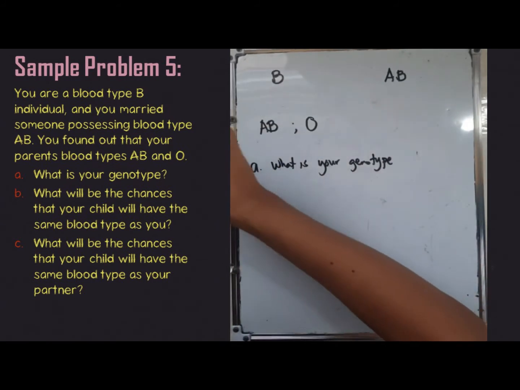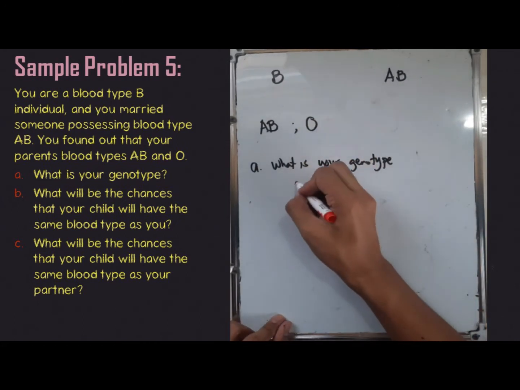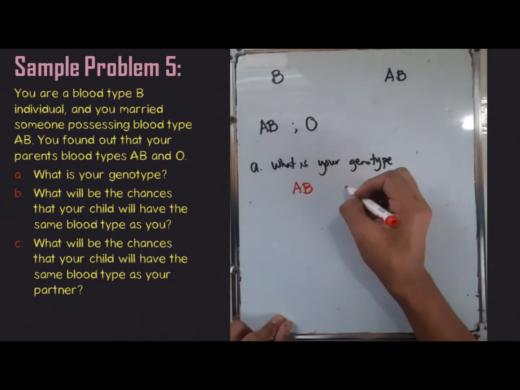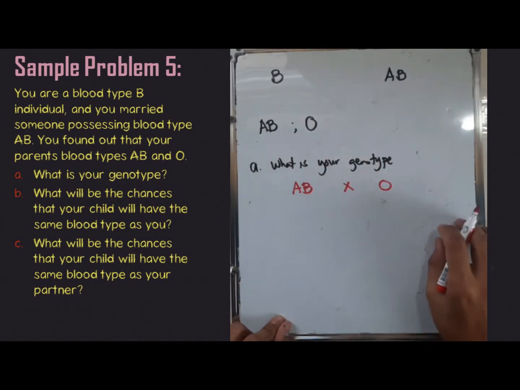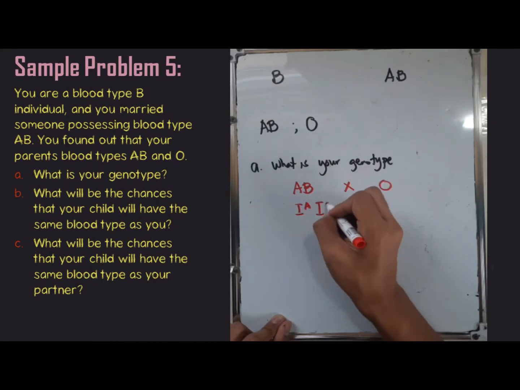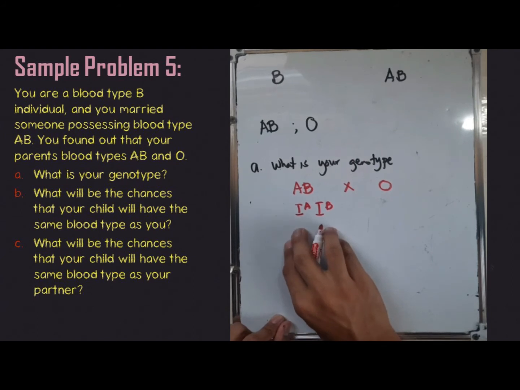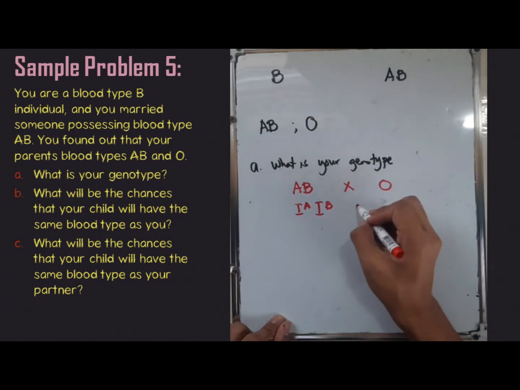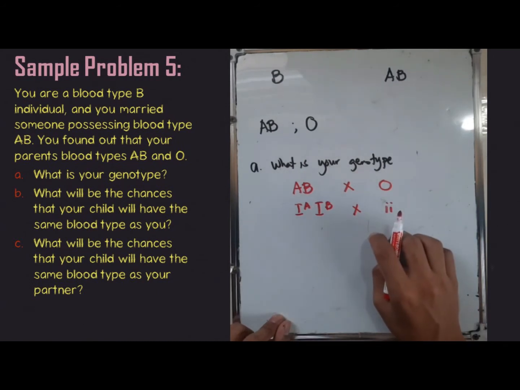Now, according to this problem, your parents have blood type AB and blood type O. The genotype of blood type AB shows the codominance of blood type A and type B. Then, your other parent is homozygous recessive for the blood type.